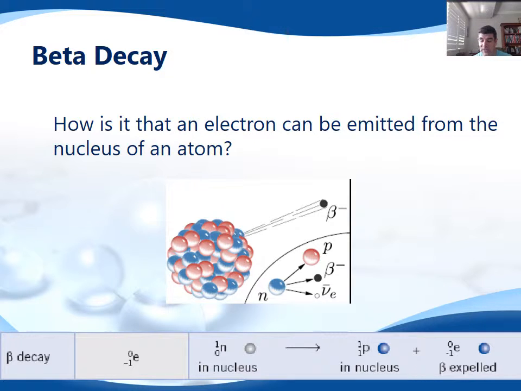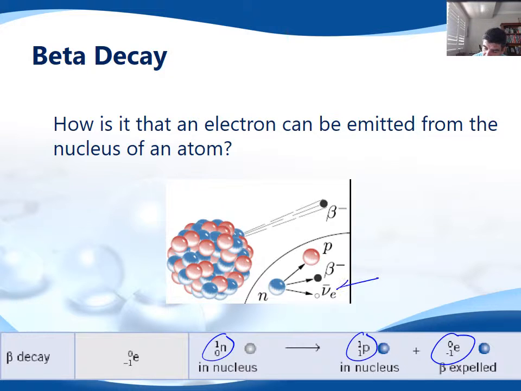Now, the nature of this, I've just kind of explained to you in oversimplified terms here. The excess neutron in the nucleus becomes a proton, and that high-speed electron actually has too much energy to remain in the nucleus, and it leaves.